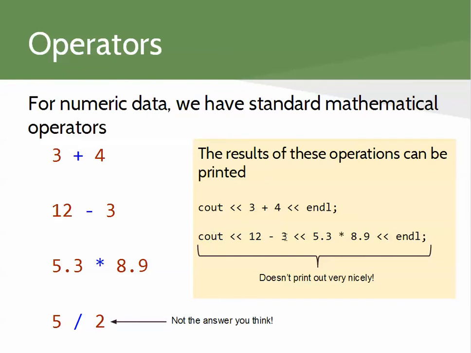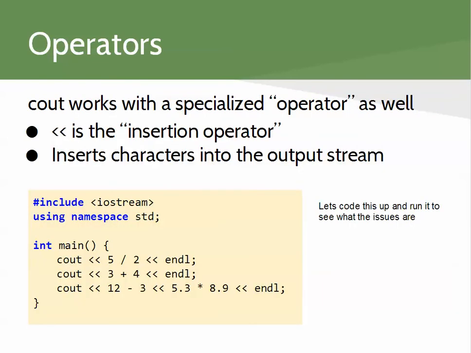When we cout this, we would expect 9 and then whatever that answer actually is to appear on the screen, and to make it fairly readable. And of course, we would also expect this to end up being 2.5.